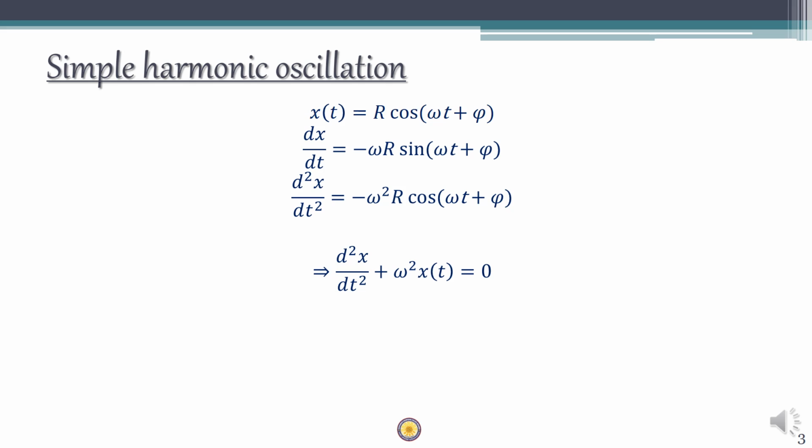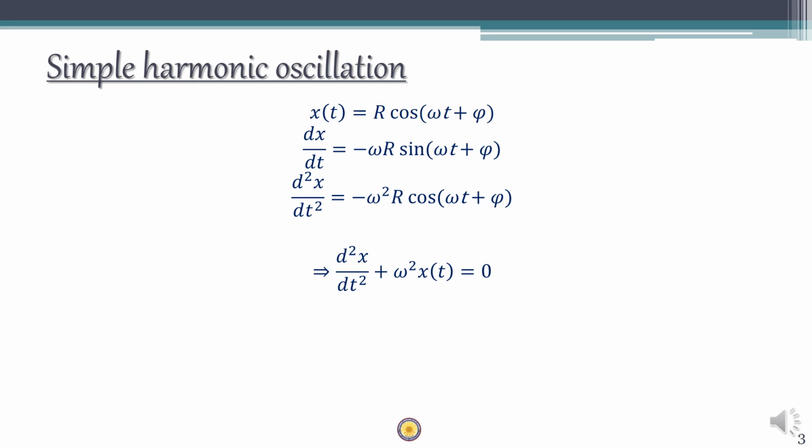So velocity, dx by dt, is minus omega into r sin(omega t plus phi). And acceleration, which is d square x by dt square, the second derivative of position, is minus omega square into r cos(omega t plus phi). Here again, r cos(omega t plus phi) is present in the equation of d square x by dt square.